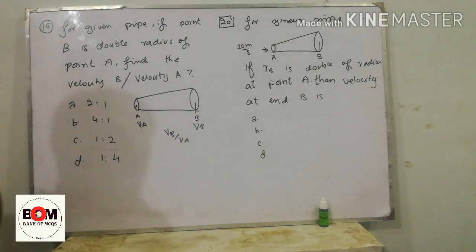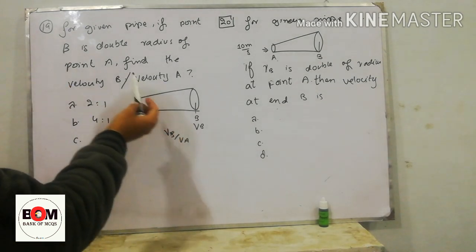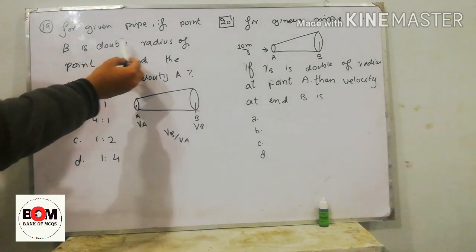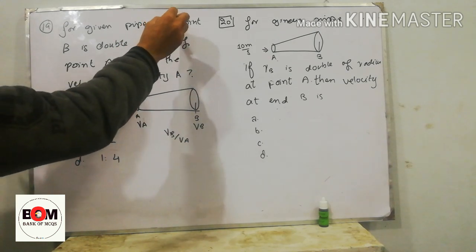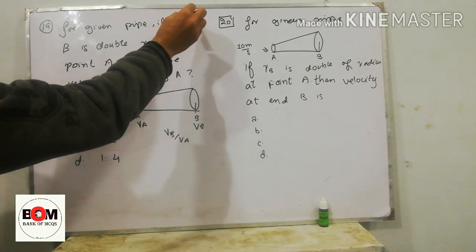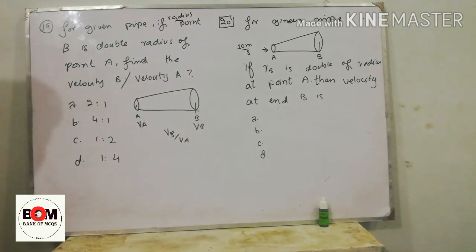The given information is just that the radius of point B is double that of point A.